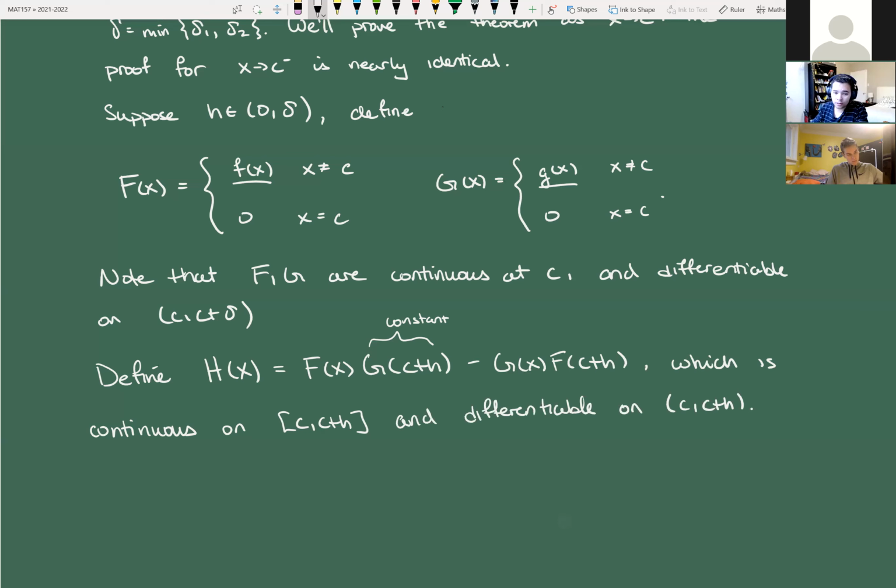The other thing that we should check while we're here is just what is H of C and what is H of C plus H, right? Because I'm going to need those when I apply the theorem. Okay, so H of C should be equal to, oh yeah, it's equal to 0, definitely.